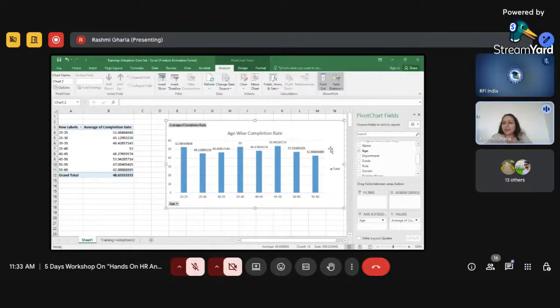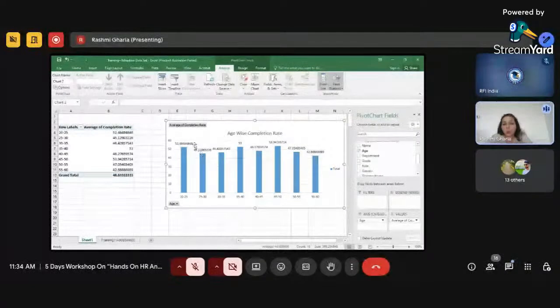Yeah, but we can say that this age group is going to retire in a few years, right? So there may be a possibility that due to this reason these people are not very interested in training. But if we see this age group, it is questionable because these people are at the initial stage of their career, in entry level jobs in the company.